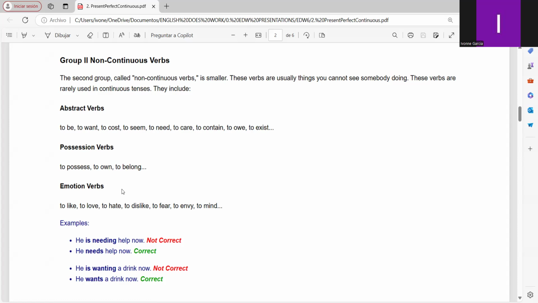And if I'm talking about the relation to the past, which is what we are learning in this course, how to use the perfect tenses like the present perfect and the present perfect continuous, so if I have this group of verbs and I'm using the present perfect continuous, I need to choose the present perfect form. Okay? So that's something to have in mind.